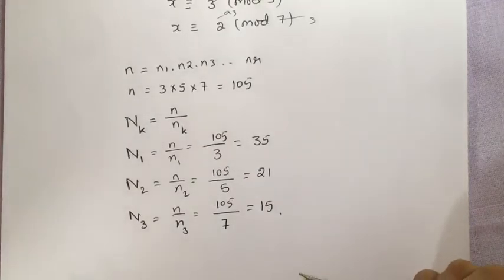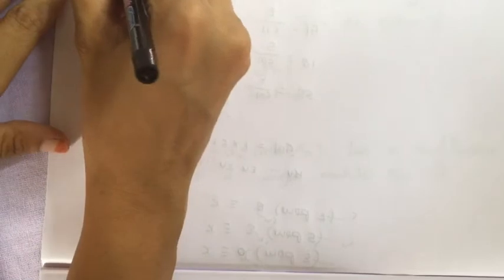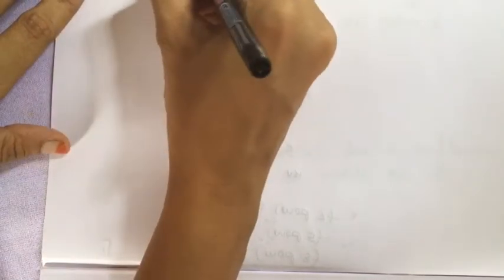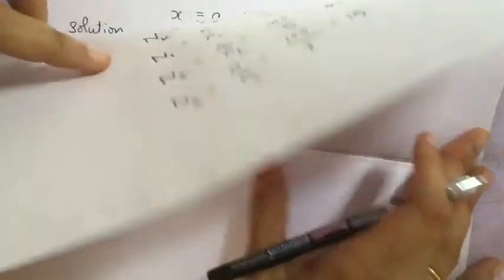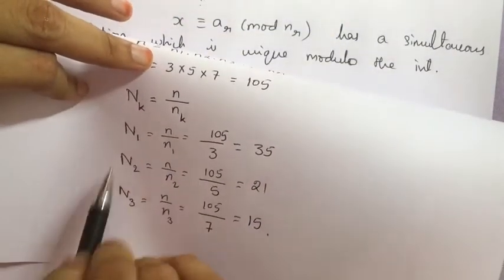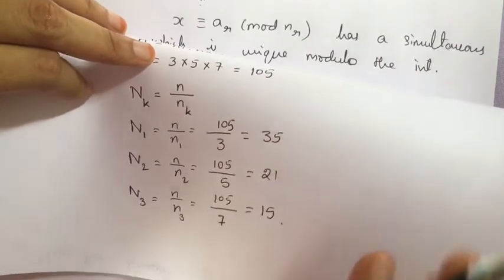Then what you are doing is you are rewriting the congruence relations. Linear congruences, you are writing it using these Ni's, Ni x congruent to 1 mod ni.